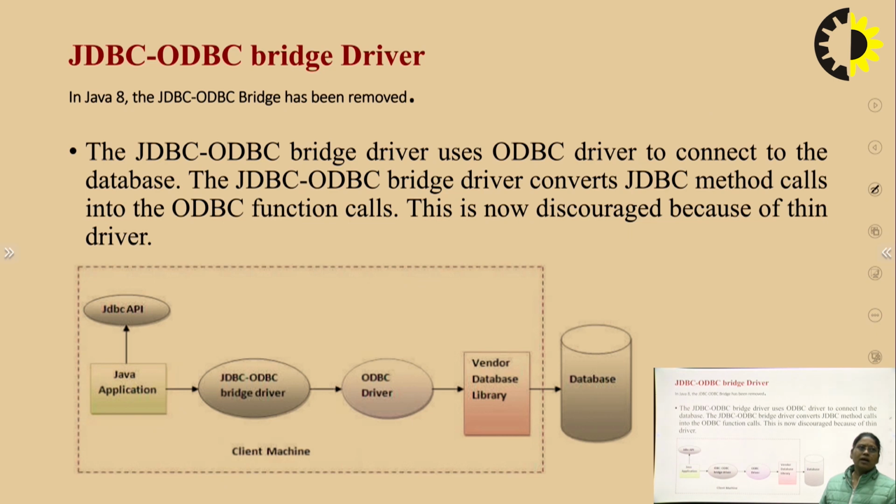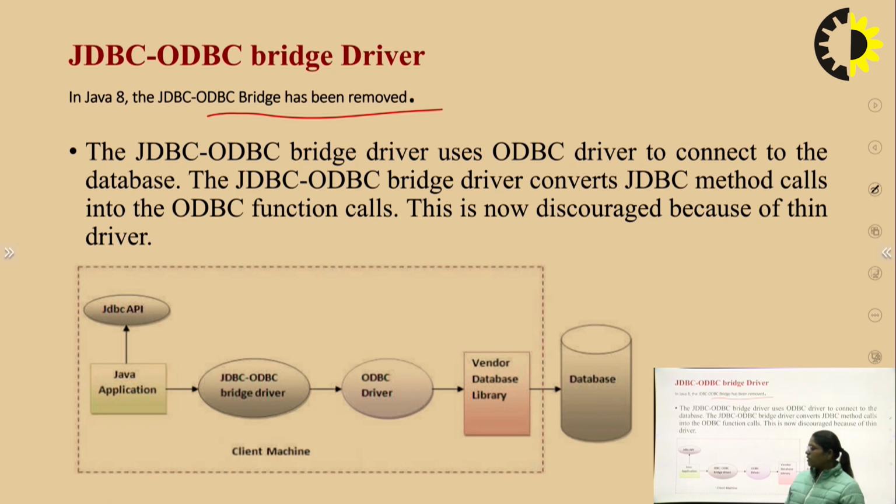If you are working before Java 8, then there is a need for this JDBC ODBC driver. But if you are working in Java 8 or a further advanced version of Java, then the JDBC ODBC driver is not supported, because it has been removed after version 8.